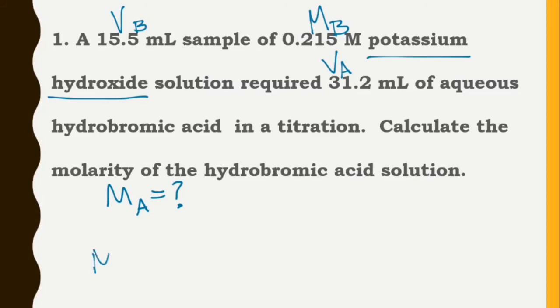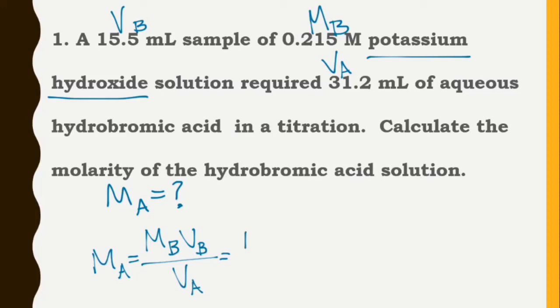Now technically, if we did sit there and rearrange the equation with our algebra skills, we'd get the fact that the molarity of the base times the volume of the base divided by the volume of our acid is going to get us that answer. But once again, we're just going to be finding the thing that we have two numbers for and multiplying them together. So it doesn't even matter what order they're going to be in.